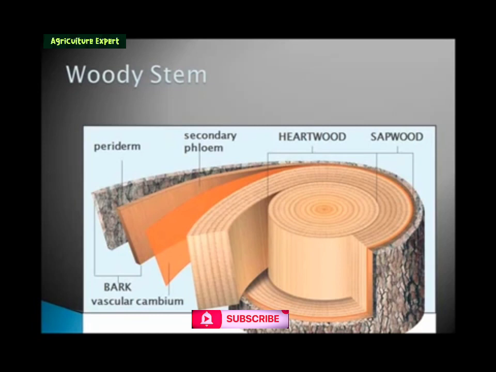When we form bark, periderm, which is formed from the cork cambium, plus the secondary phloem, make up the bark. Bark consists of living cells and dead tissues outside the vascular cambium. Remember that I just said secondary phloem is underneath the bark.